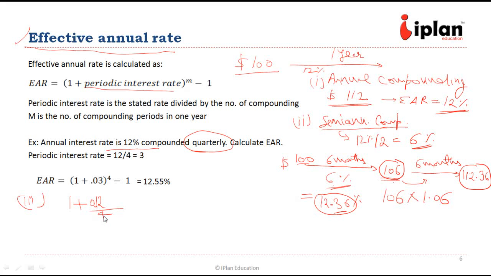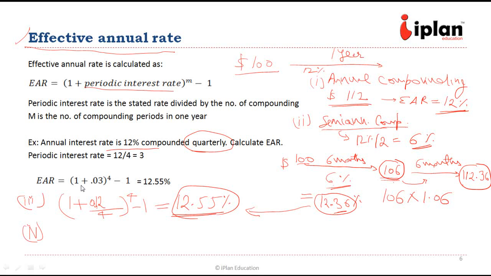So 0.12 divided by 4, that is 3%, to the power 4, because we are doing it 4 times, minus 1. So we get 12.55%. This interest rate is again higher than the semi-annual compounding because we are doing compounding 4 times.